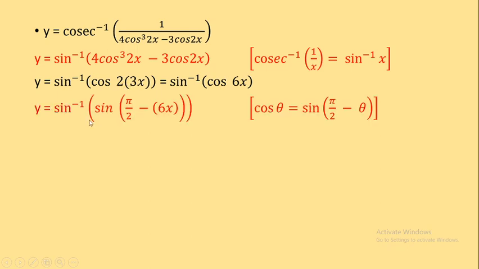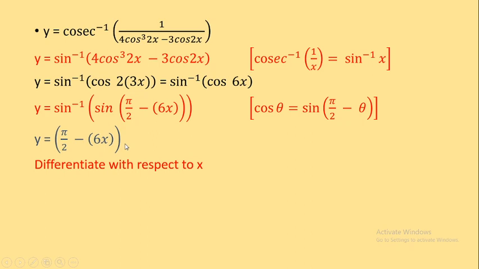So the next step: sine inverse remains the same. Again, like the previous sum, there is cos inside and sine inverse outside, so I cannot cancel. So I have changed cos to sine using the complementary angle formula, pi by 2 minus theta. In the next step, sine inverse and sine get cancelled, and we get y equal to pi by 2 minus 6x.